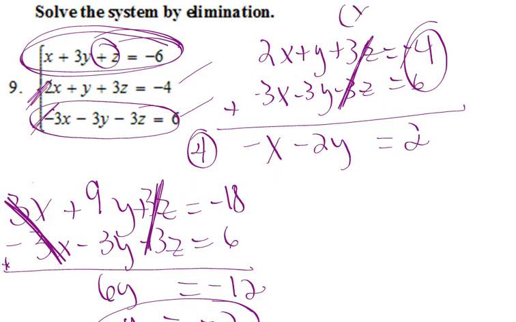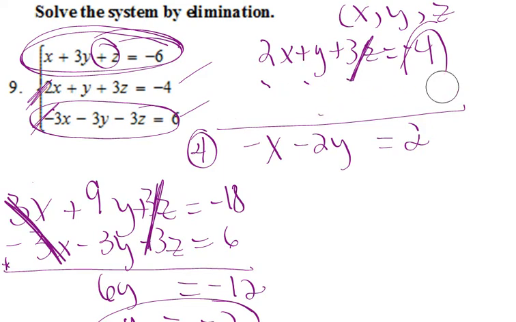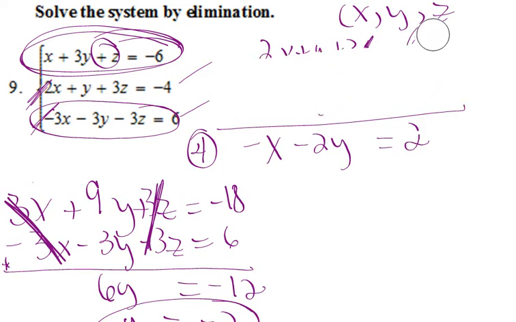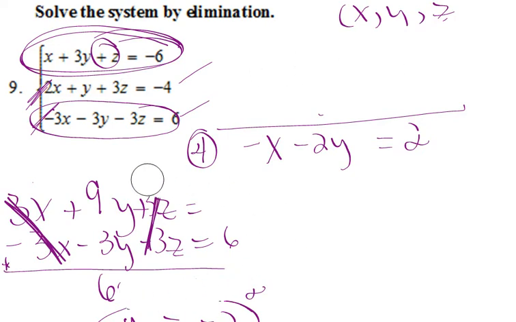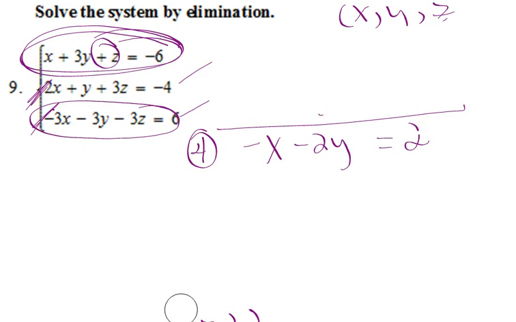So I'm looking for an x, a y, and a z. I'm actually going to erase these right here. I'll leave my equation 4, and I'll get rid of all of this. So we know that my y is equal to negative 2.